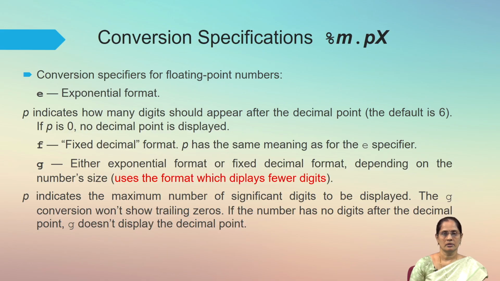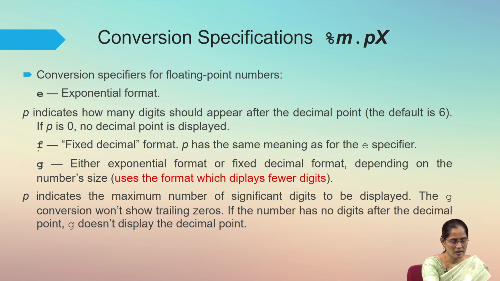Now, if the floating point value needs to be displayed in the exponential format, the default number of digits after the decimal point is 6. We can make a note that if P is 0, no decimal point is displayed.